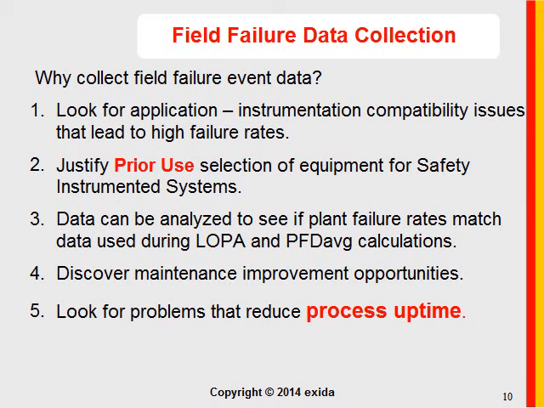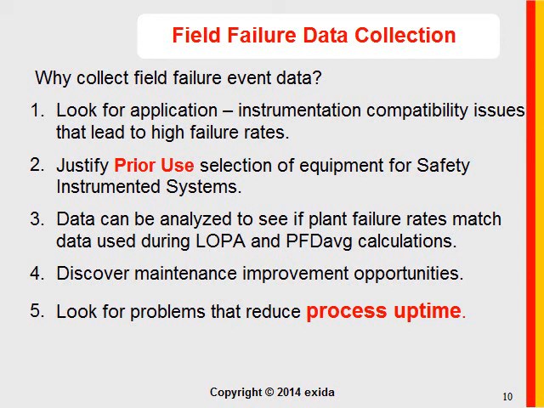We may have average industry failure rate data that may be adequate. At the same time, it may be a little bit conservative, and we may be able to justify longer proof test intervals or fewer levels of redundancy and achieve the same level of safety integrity. So that's another reason why we may want to look at that data.